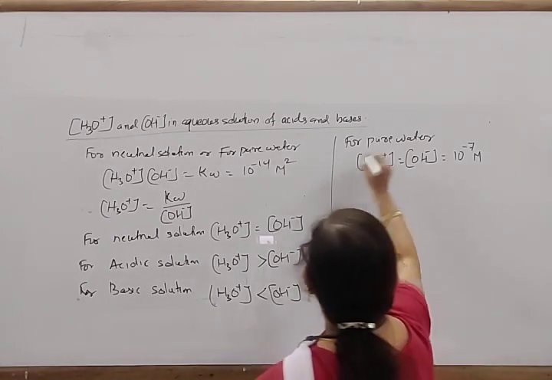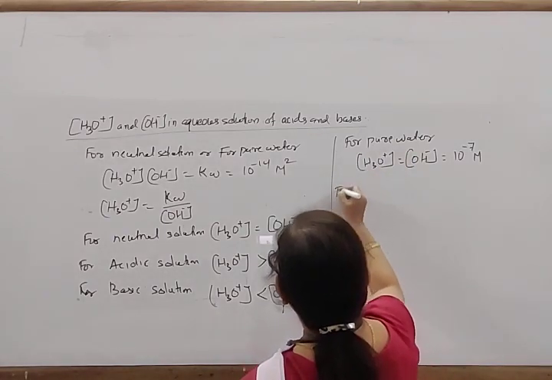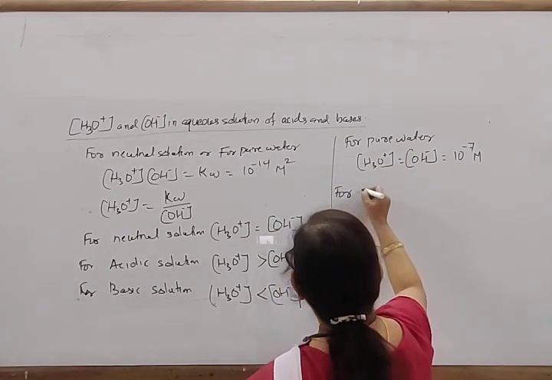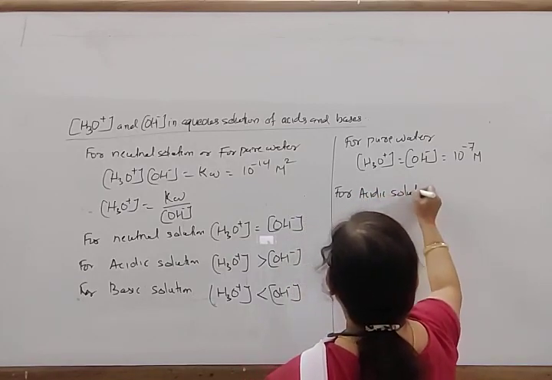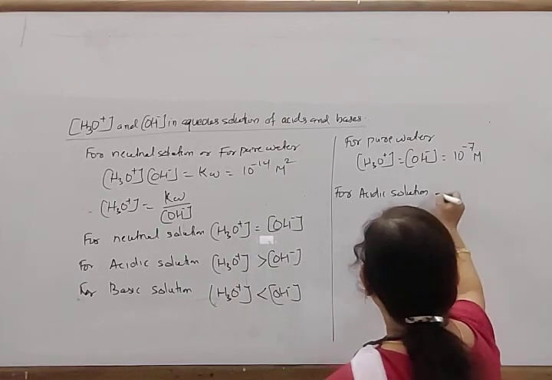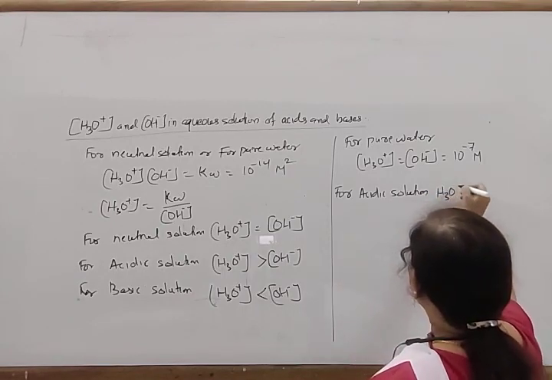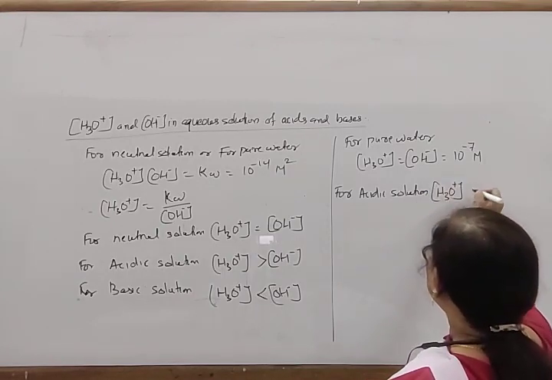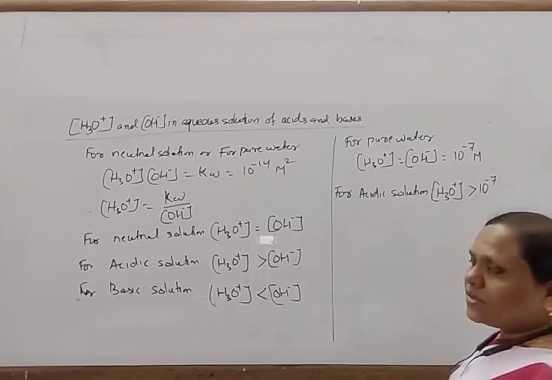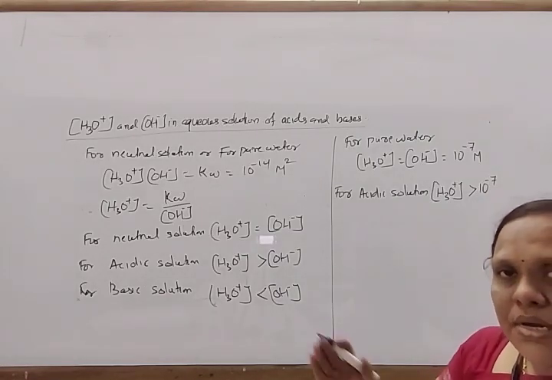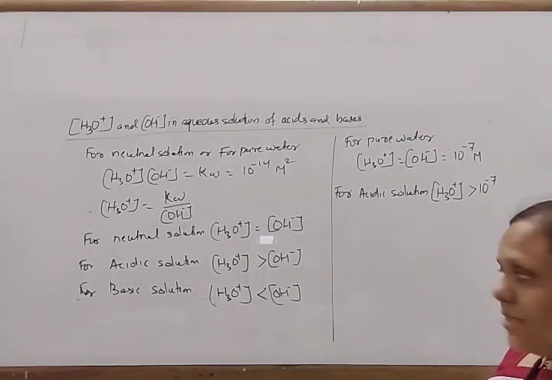Okay, so that is for pure water. For an acidic solution, the hydronium ion concentration is greater than 10 to the power minus 7 M, maybe 10 to the power minus 6, minus 5, minus 4, minus 1, like this.